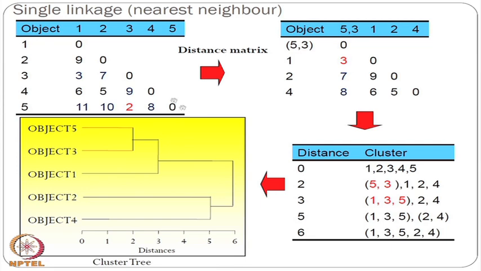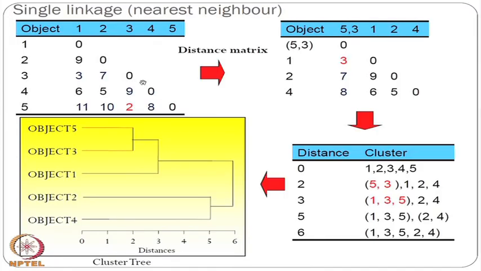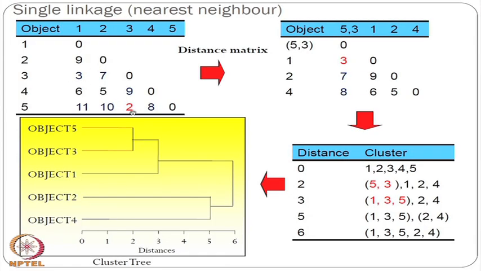Forget about 0, because we are talking about item to item distance, not the same item, because the same item distance is always 0. But we are talking about the other thing. So, it is 2. So, 2 is between 3 and 5, the distance between 3 and 5 is 2. So, 5 and 3 are grouped here.